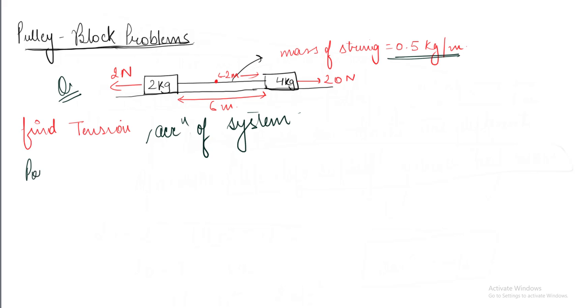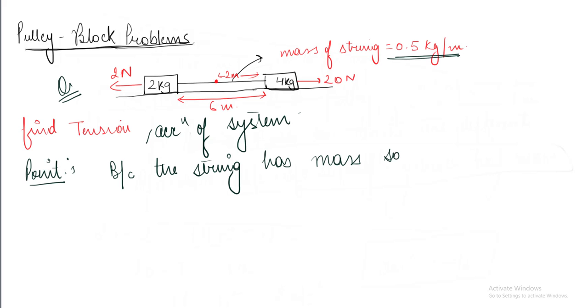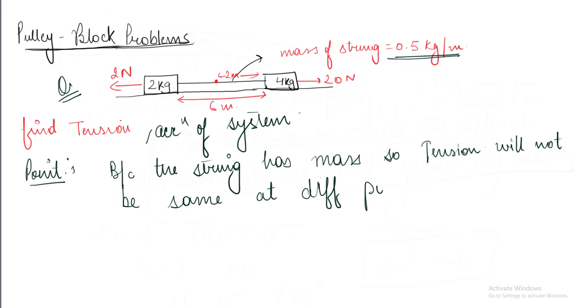Now the point is, because the string has mass, the tension will not be the same at different points on the string.